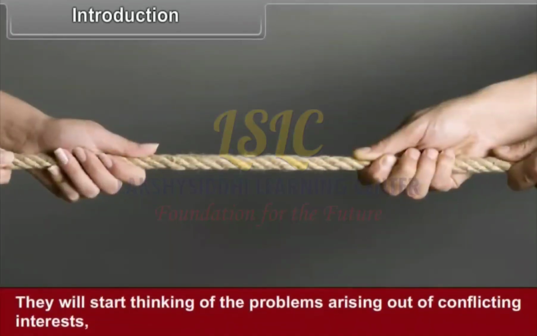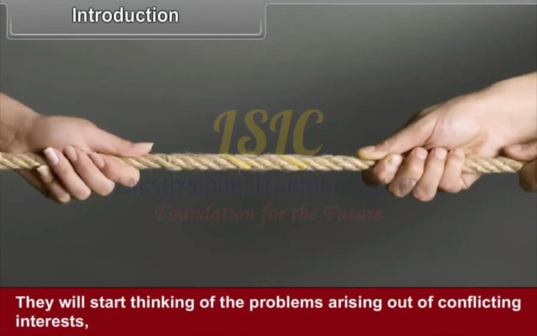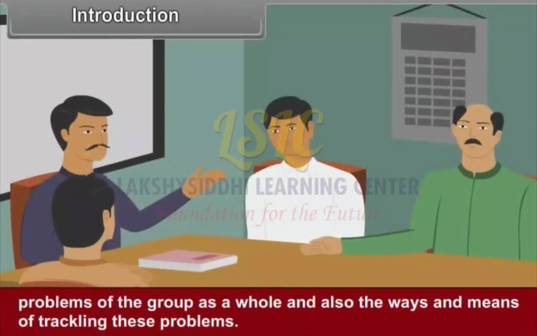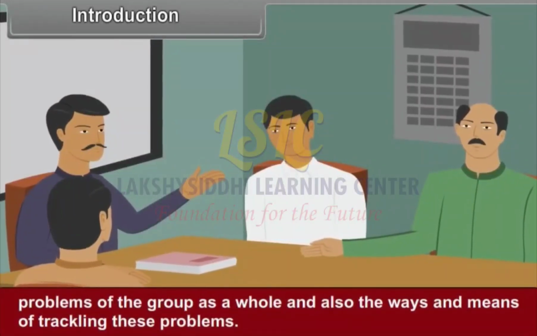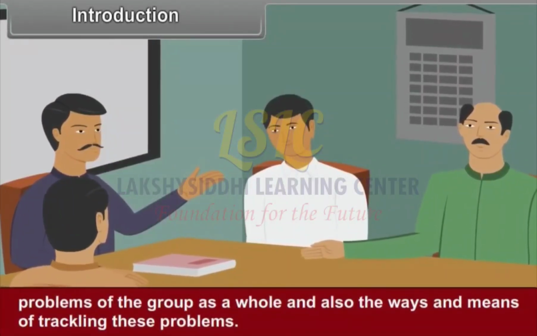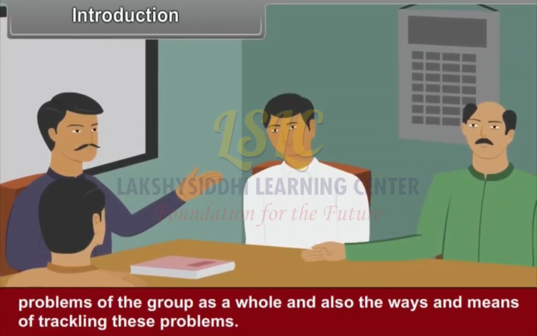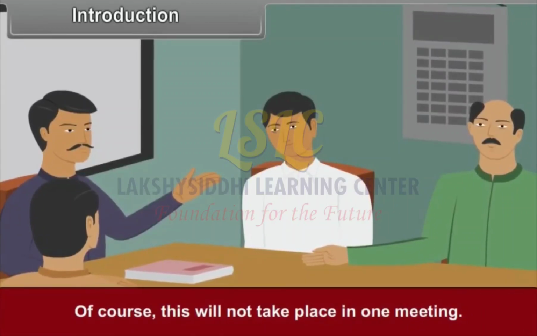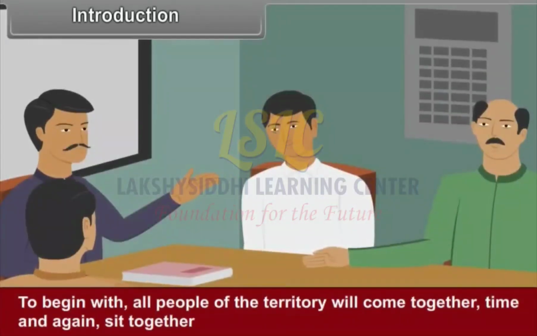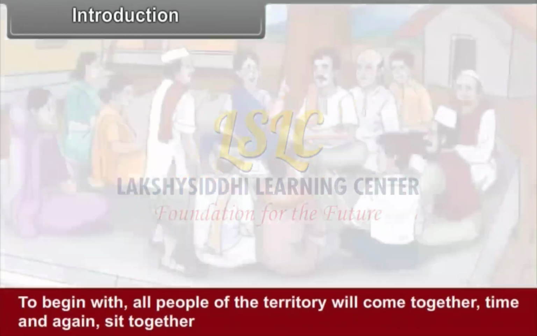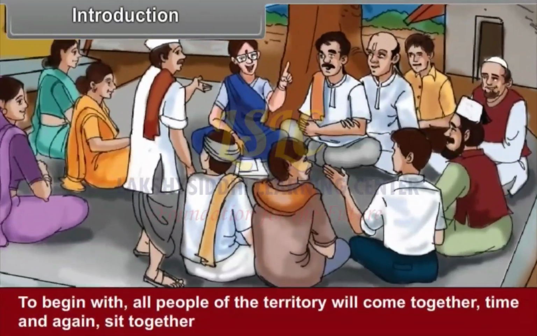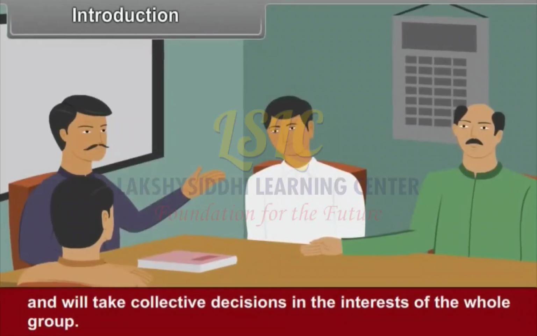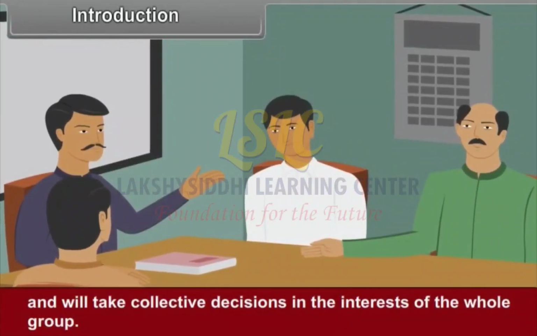They will start thinking of the problems arising out of conflicting interests, problems of the group as a whole, and also the ways and means of tackling these problems. Of course, this will not take place in one meeting. To begin with, all people of the territory will come together, time and again, sit together, and take collective decisions in the interests of the whole group.